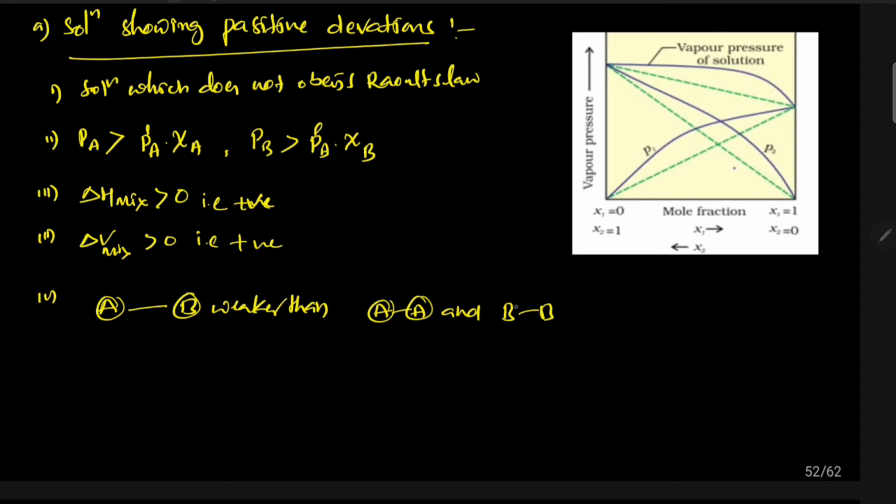AB interactions are weaker than AA and BB interactions. The molecules of A or B will escape more easily from the surface of the solution than from their pure state. Therefore, the vapor pressure of the solution will be higher.